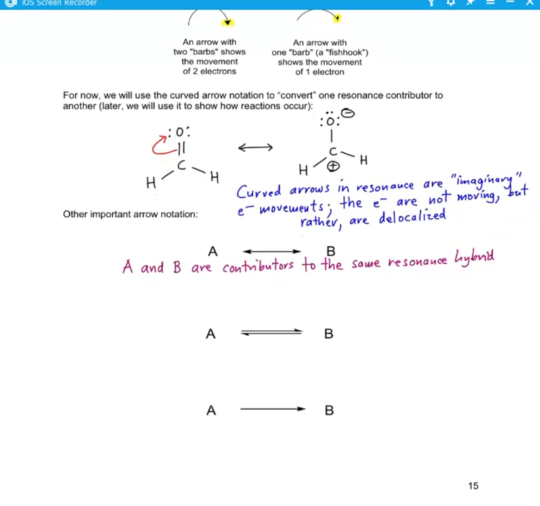So that's the resonance arrow. The second is a pair of arrows that you've seen before. One arrow pointing to the right, the other arrow pointing to the left. You'll probably remember what that means is that A and B, whatever they are, are in equilibrium.